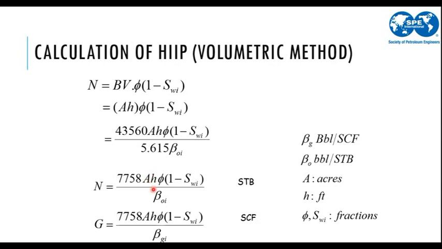You may have some errors in the net thickness of the formation. All of these things lead to an error in the calculations, so it isn't very accurate, but it gives you an approximate estimate for the original oil in place or the initial gas in place.